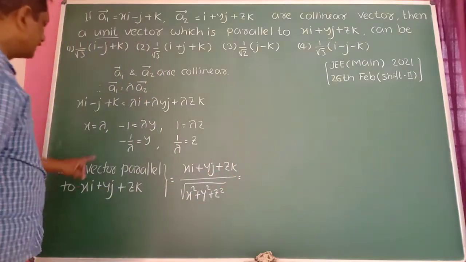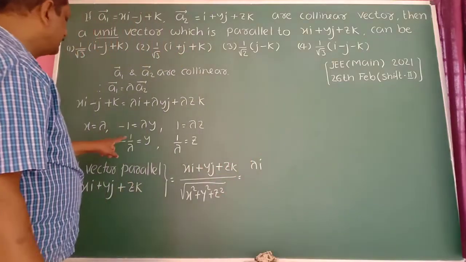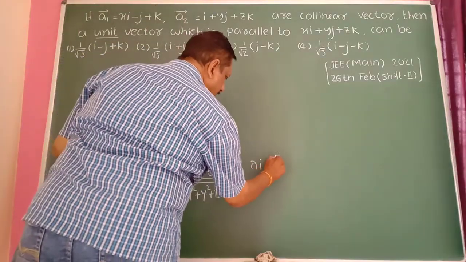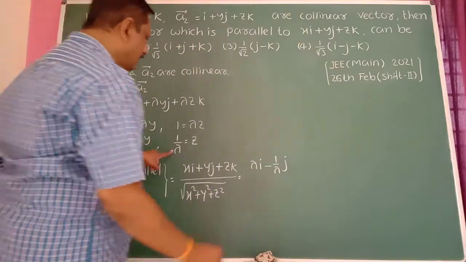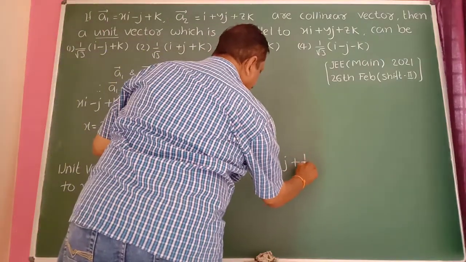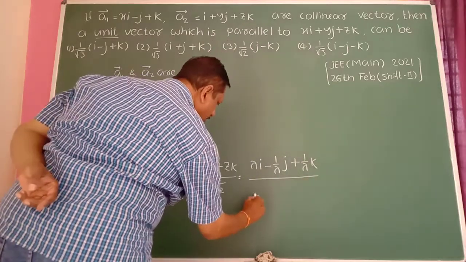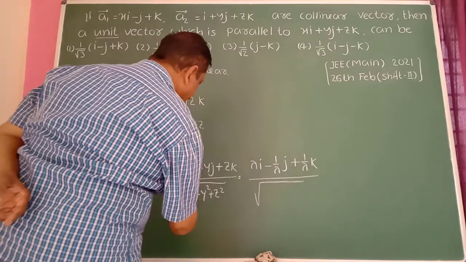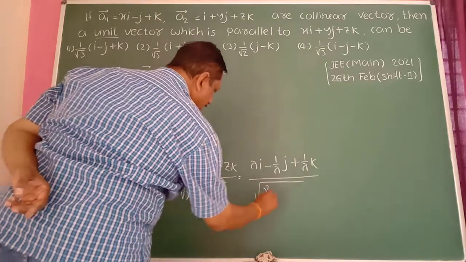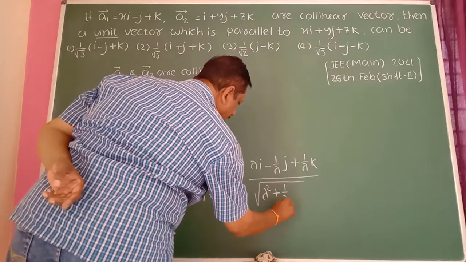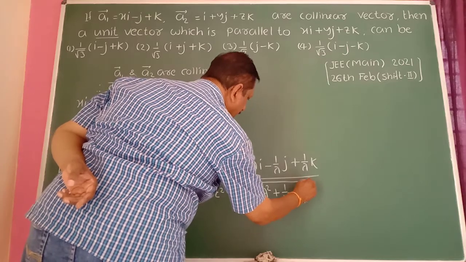Here x is lambda, so lambda i; y is minus 1 by lambda, into j; z is 1 by lambda, plus 1 by lambda into k, divided by the root of lambda square, plus 1 divided by lambda square, plus 1 divided by lambda square.